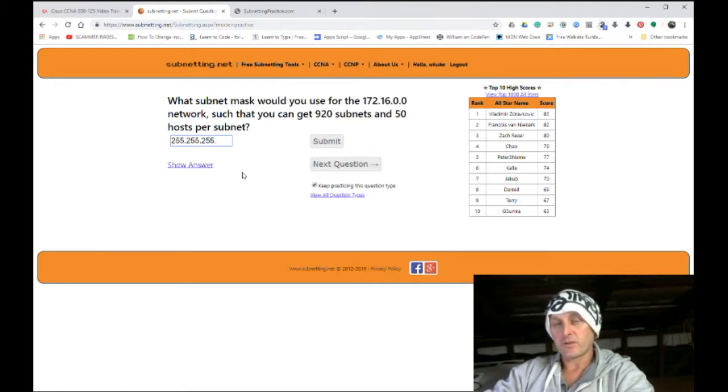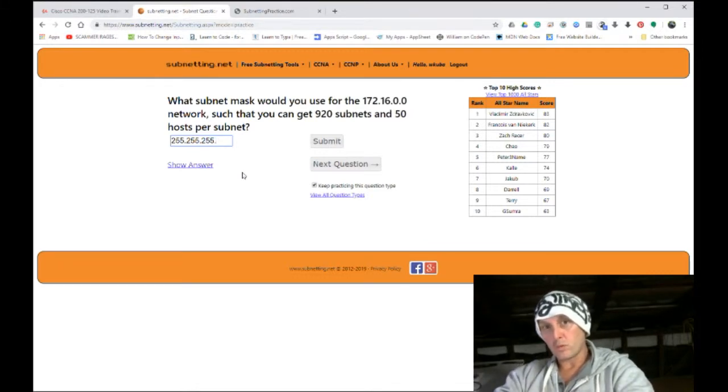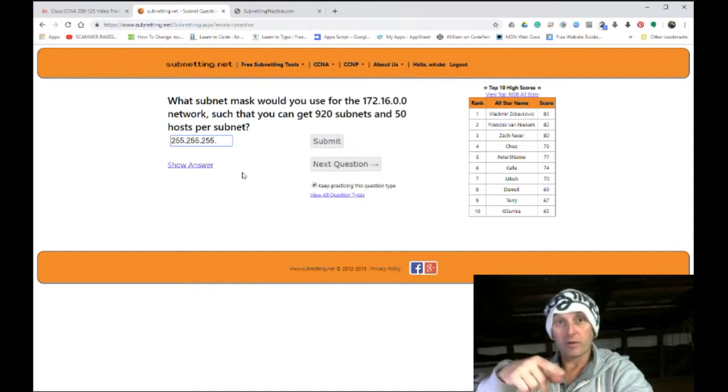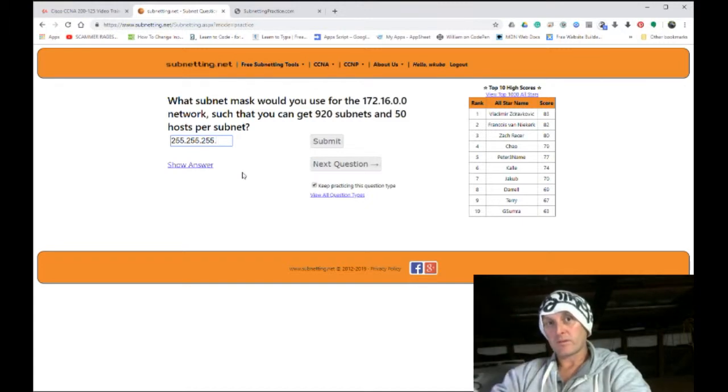Now, how do we get 50 hosts? Well, if you know your binary and you double as you keep going from right to left, you start off with 2, 4, 8, 16, 32, and 64. And now the subnet mask for 64 is a 192, counting from 256 backwards.